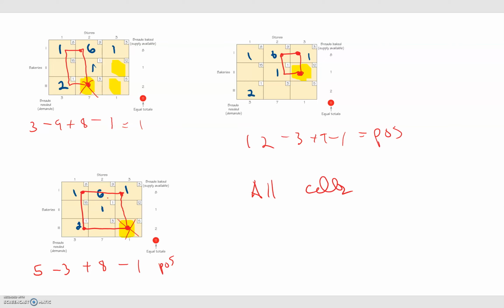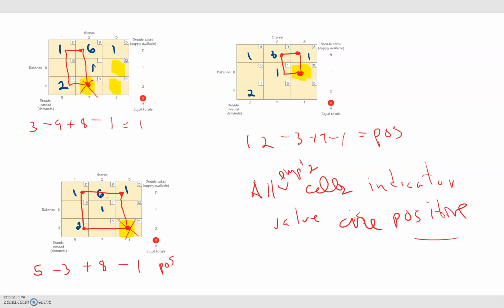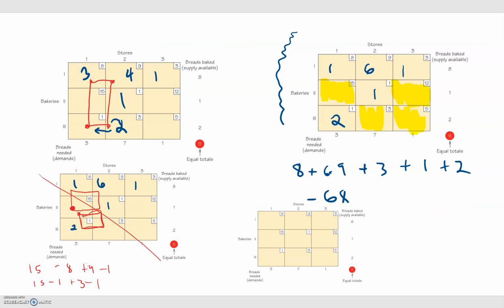Okay. So the lesson here is, at this point, all empty cell indicator values are positive. So that means that we don't need to make any more changes. So we have reached a solution that is as good as it can be.